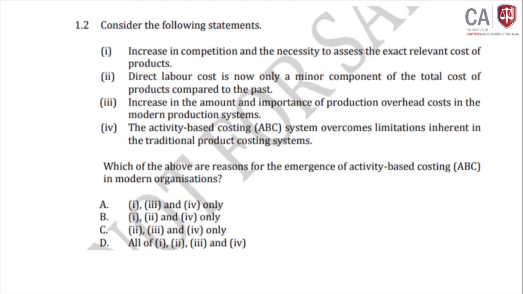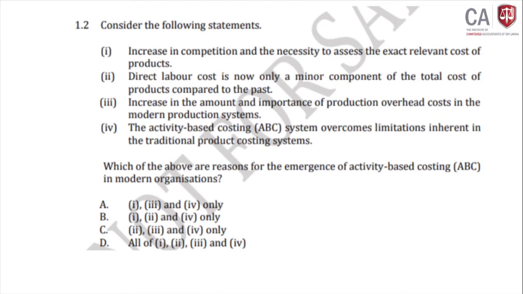You had more direct cost, but now you have more indirect cost. Indirect cost means overhead, and it is a higher proportion of the total cost. Therefore, that's another reason why you need a more refined, more sophisticated costing method to handle this so-called overhead or indirect cost. Therefore, number three is also correct.